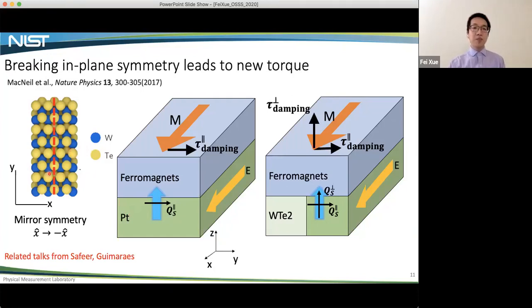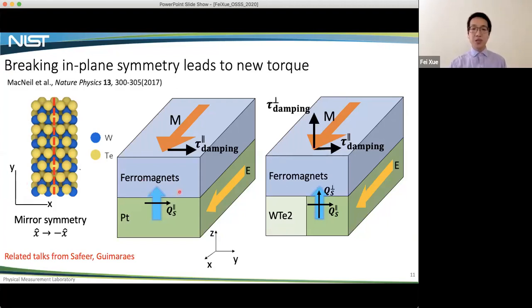In this system, we only have one mirror symmetry, in the x direction, x to minus x. As you can see, the tungsten and tellurium atoms go back to themselves after you flip x to minus x. In the y direction, there's no such mirror symmetry. There's only a glide symmetry.